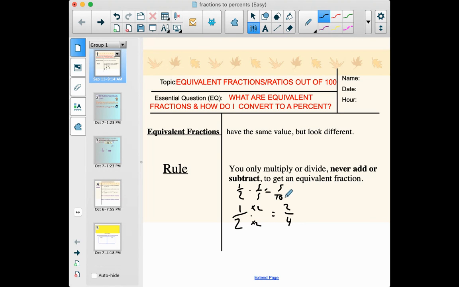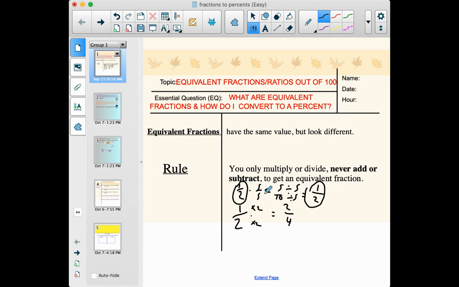You can multiply or divide. If we're trying to simplify or reduce, that's when we've done dividing. If you look at 5/10 and you want to simplify it, you can see 5 goes into both of those numbers. So you divide: 5 divided by 5 is 1, 10 divided by 5 is 2. So you can reduce it to get back to the simplified form.